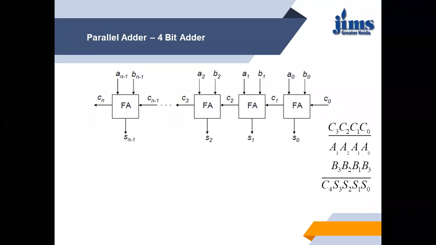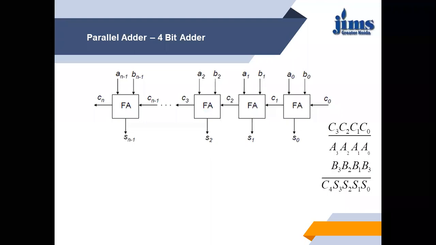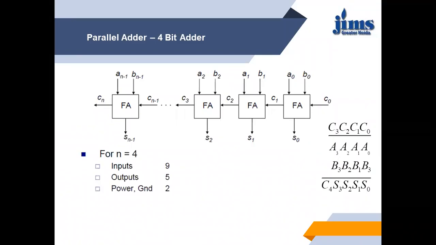Now the complexity of the overall circuit is reduced. We need not solve any K-map or any truth table. We just have to put 64 full adders if it is 64-bit, or 4 full adders if it is 4-bit. In such a way, we can build a parallel adder. So here the complexity has been reduced.